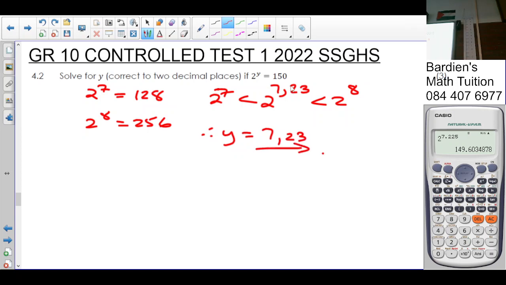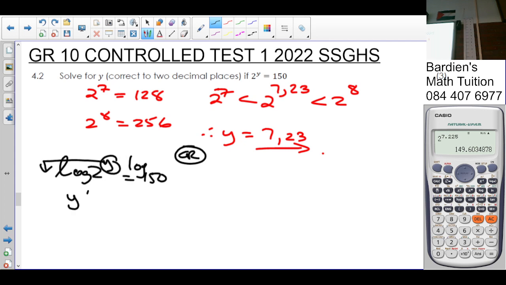If I apply the log law, I can then say 2 to the y is equal to 150. We log both sides. So that allows me to bring y to the front. So y log 2 is equal to log 150.